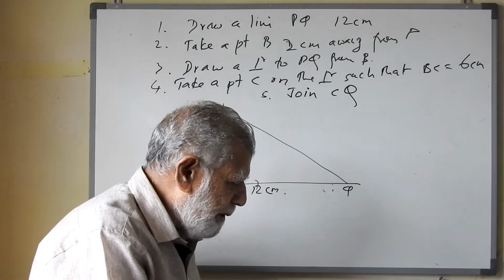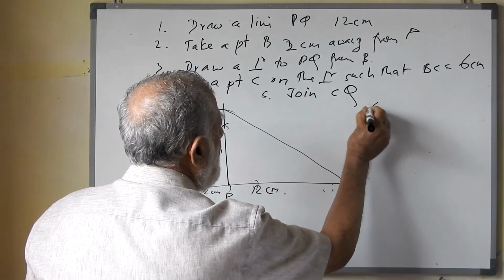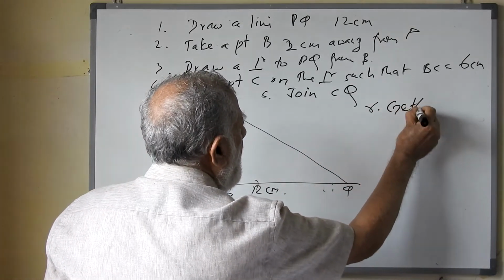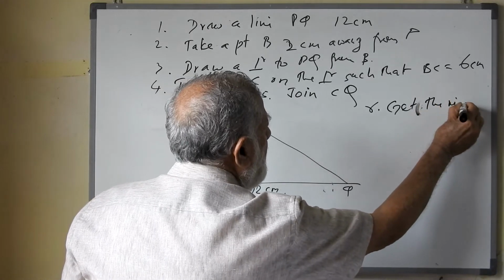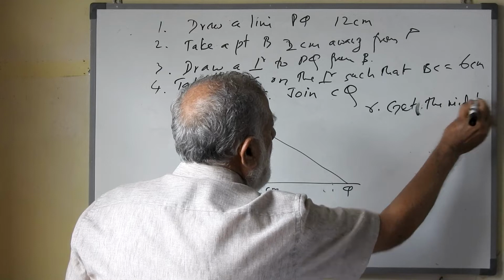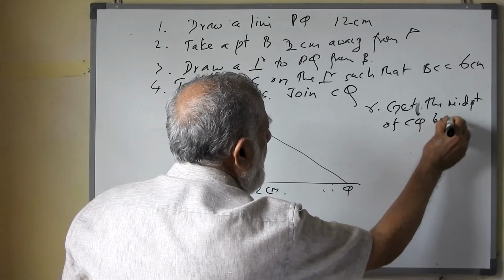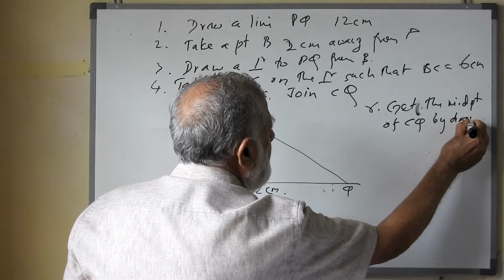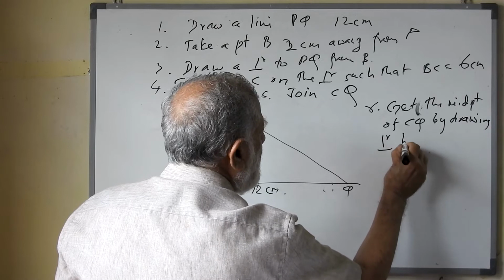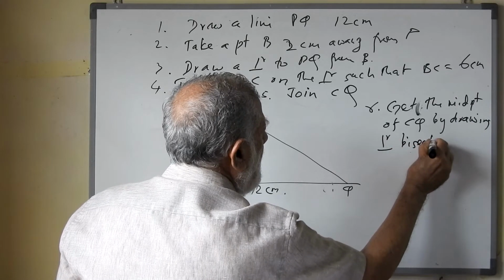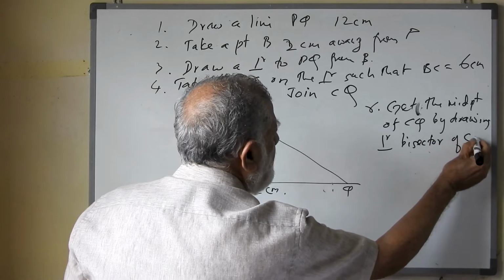Okay, sixth one. Get the midpoint of CQ by drawing the perpendicular bisector of CQ.